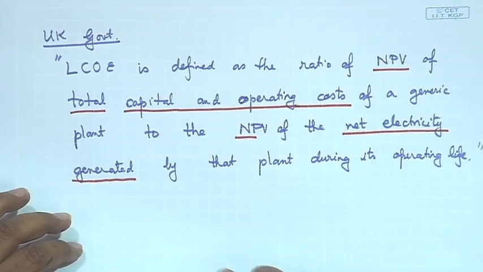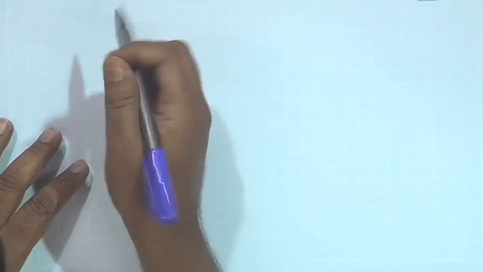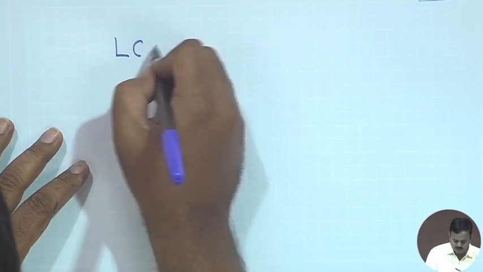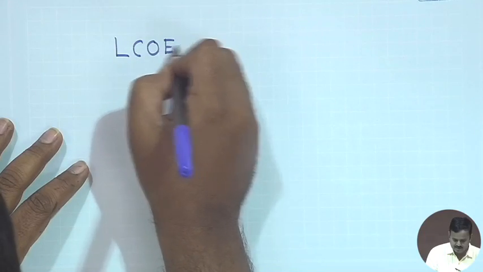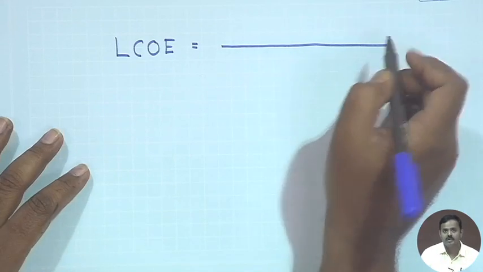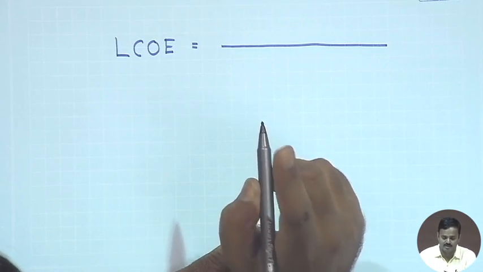So, today we are going to look at some of the definitions of LCOE, or how do we write LCOE. In very simple terms, I can write LCOE in this manner. It is a ratio, it is the cost of generating 1 kilowatt hour of electricity.